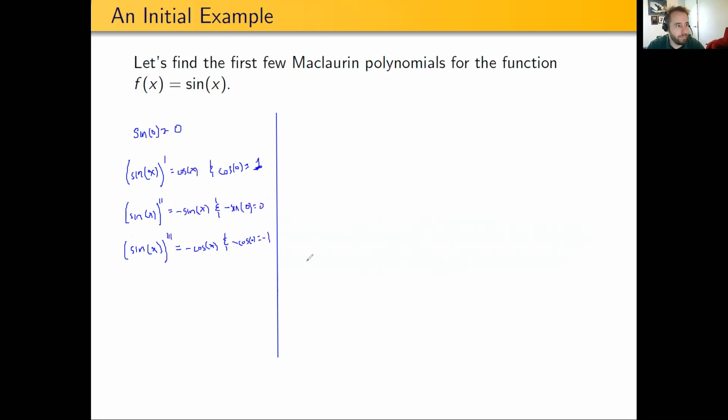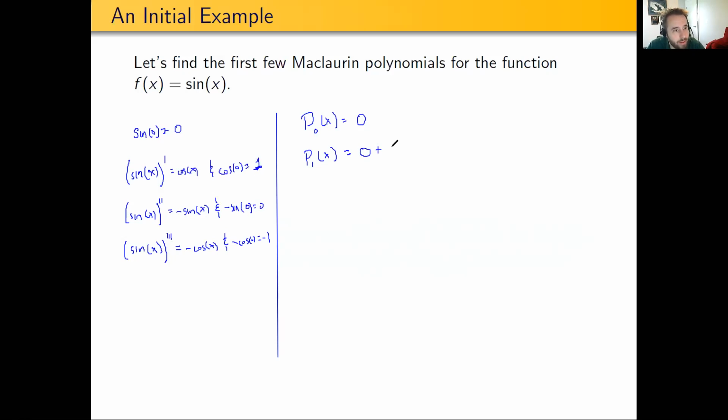All right, great. So armed with that information, we can recognize that p sub 0 of x, the 0th order Taylor polynomial, is just going to be 0. The first order Taylor polynomial will end up being 0 plus, and then we'll take whatever we got here, the first derivative of our function evaluated at 0.